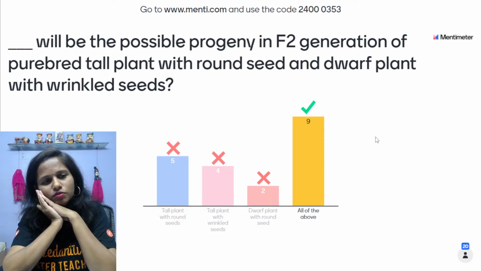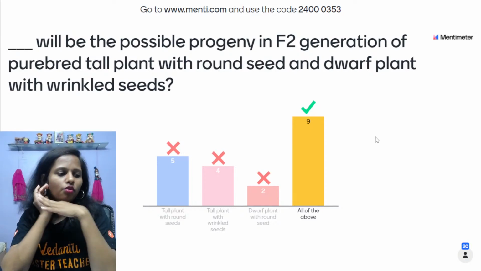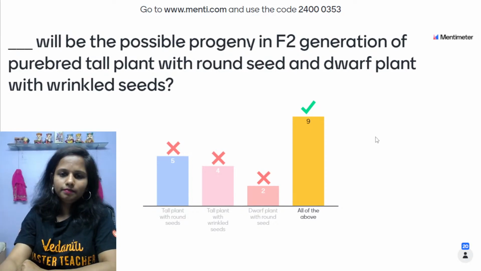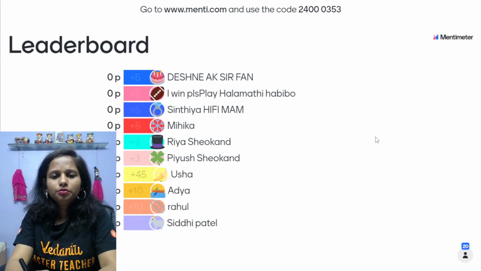So small t, small r. Okay? So F2 generation will have all the possible phenotypes, right? All the phenotypes. So tall round, tall wrinkled, dwarf round, dwarf wrinkled, all 4. Okay, cool. Riya, beta, post your doubt. I'll be happy to help you.